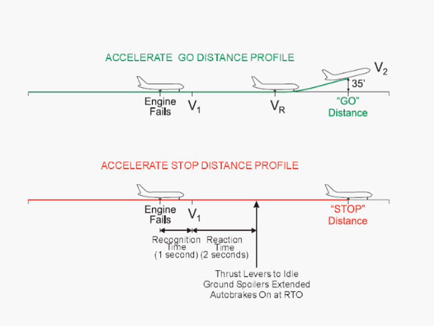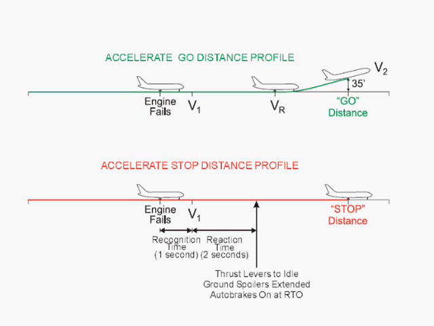The accelerate stop distance is measured by failing an engine 1 second before the V1 under consideration, in order to simulate the time necessary to recognize that the engine has failed. Then, 2 more seconds are allowed to elapse to simulate the reaction time necessary to take the actions required to abort the takeoff.